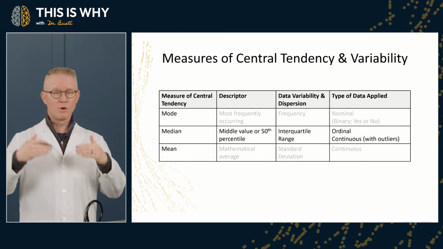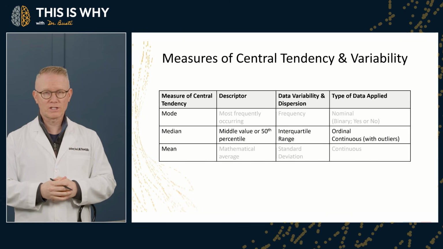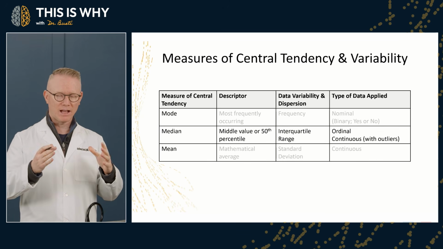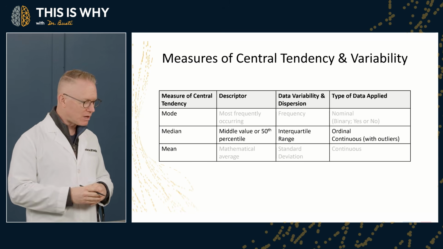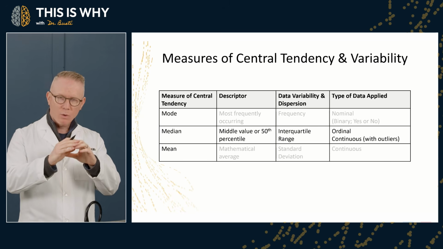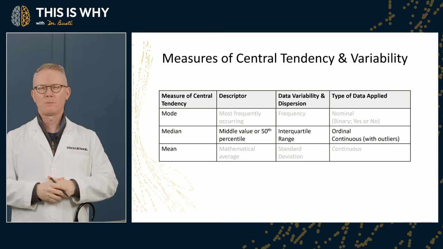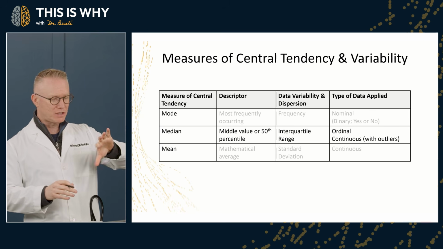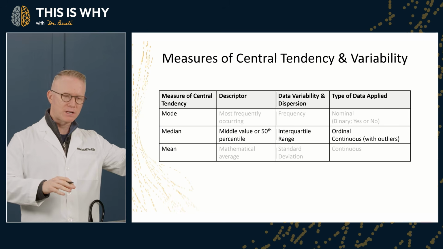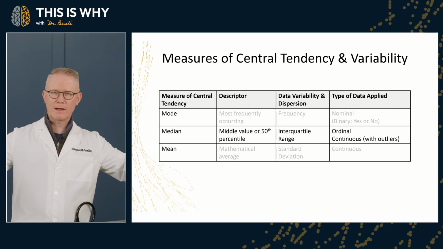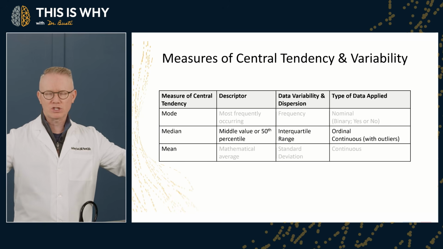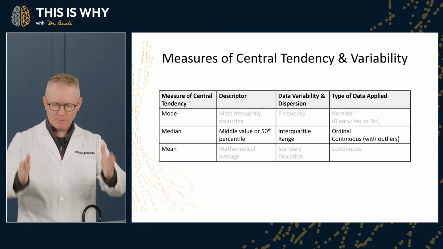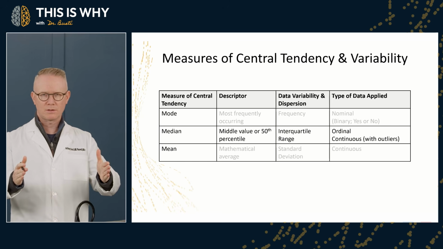Moving on to the median, we start thinking about the data in the middle, that middle number or middle-most, what represents the 50th percentile. That means the extremes, the 25% on one end and the 25% on the other end, are excluded, and we're only looking at that middle portion of numbers or values.